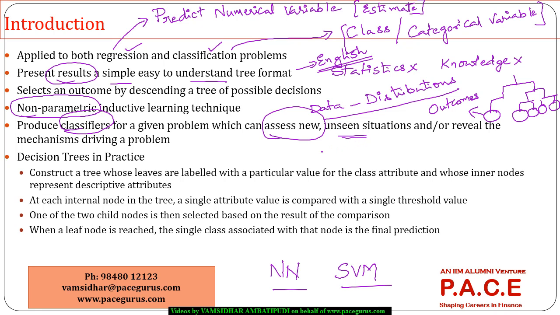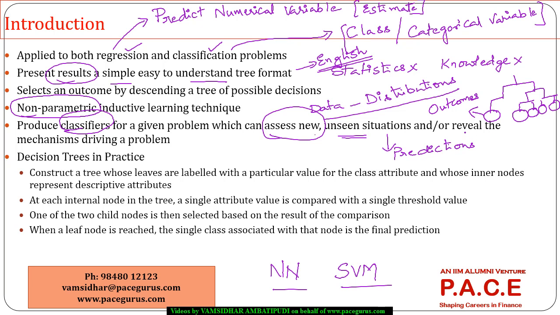So for the new input data, I can very well apply the model and try to find out what would be the outcome for that kind of data, right? So it could clearly give me two things. Once a model is built, I can use that model on the new data and try to do the predictions. That's one thing that I can do using the decision trees.